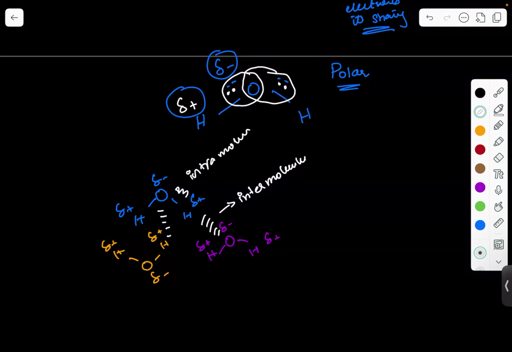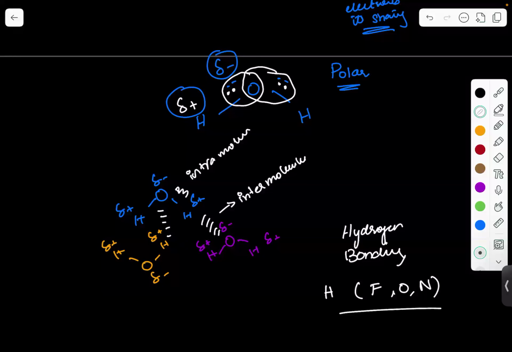And so this is where I introduce you to something very fundamental to biology, which is hydrogen bonding. Hydrogen bonding is when hydrogen forms a bond with fluorine, oxygen, or nitrogen. F-O-N, right? This is what hydrogen forms bonds with.